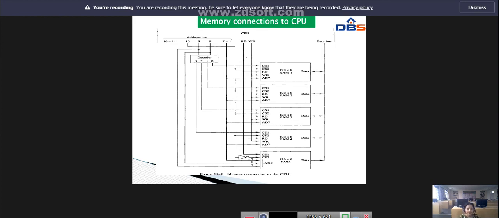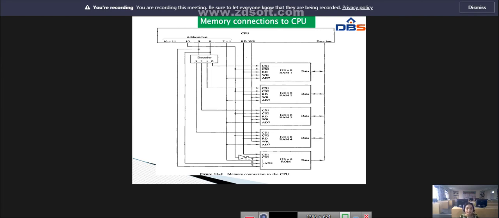The selection between RAM and ROM is achieved through bus line 10. The RAMs are selected when the bit in this line is 0, and the ROM when the bit is 1. The chip select input in the ROM is connected to the read control line, so that the ROM chip is enabled only during the read operation.